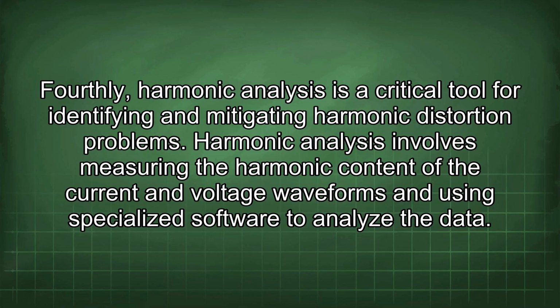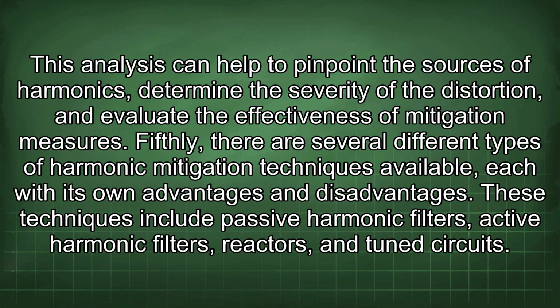Harmonic analysis involves measuring the harmonic content of the current and voltage waveforms and using specialized software to analyze the data. This analysis can help to pinpoint the sources of harmonics, determine the severity of the distortion, and evaluate the effectiveness of mitigation measures. Fifthly, there are several different types of harmonic mitigation techniques available, each with its own advantages and disadvantages.